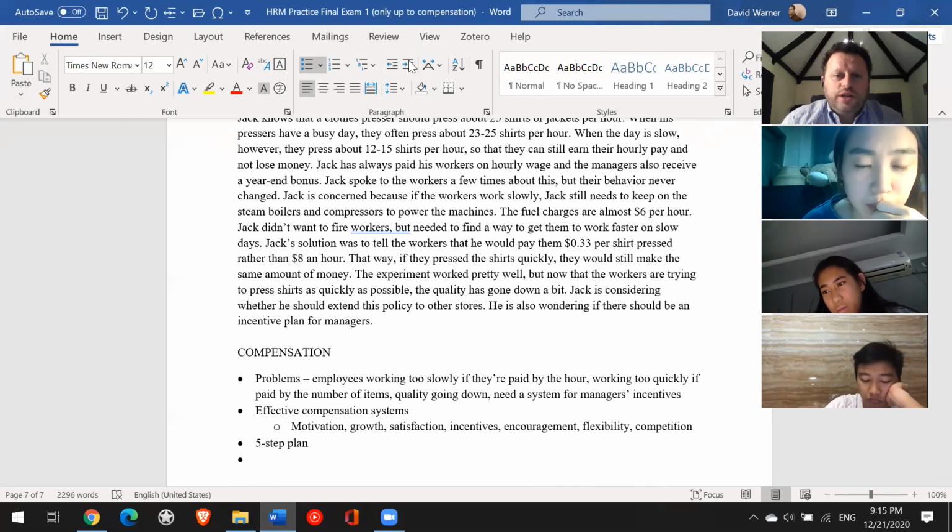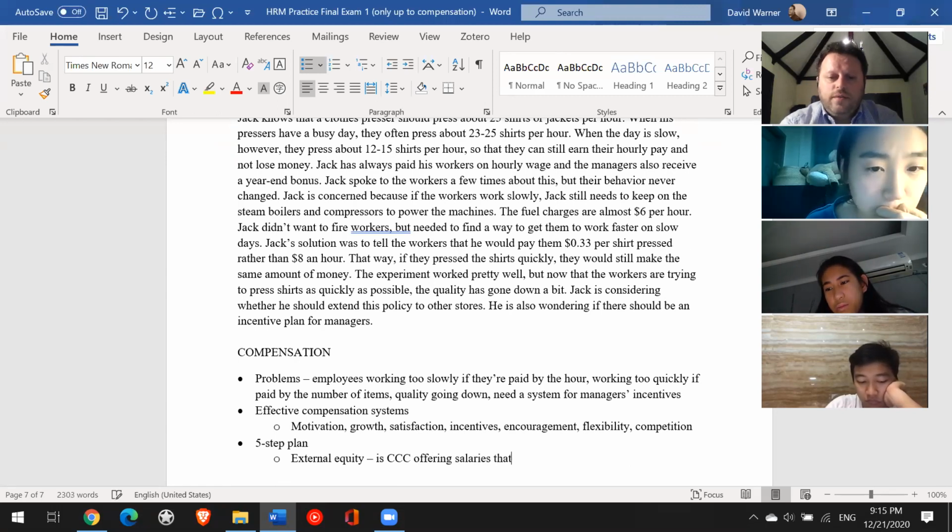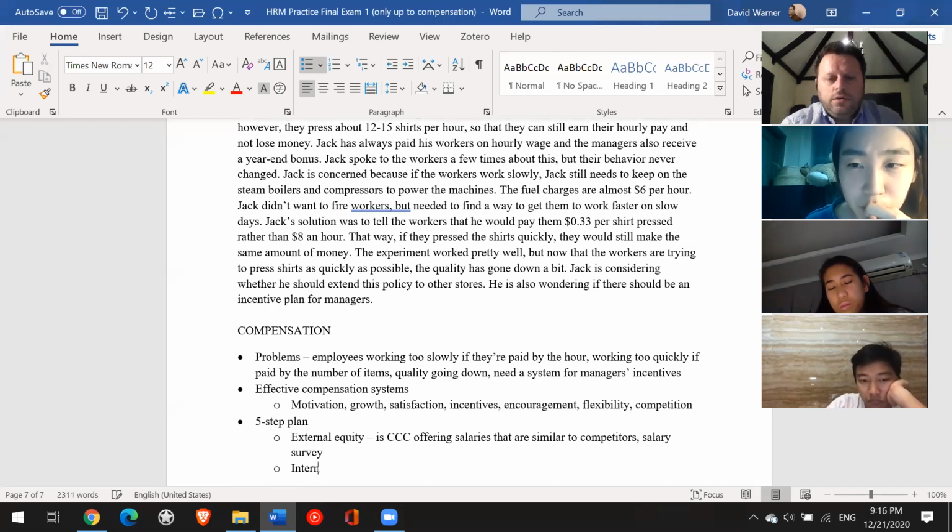What you just said was really step 1, and step 1 is kind of external equity: is Carter Cleaning Company offering salaries that are similar to competitors? That's the external part. Another way to say that is the salary survey. Now, what's the next part?